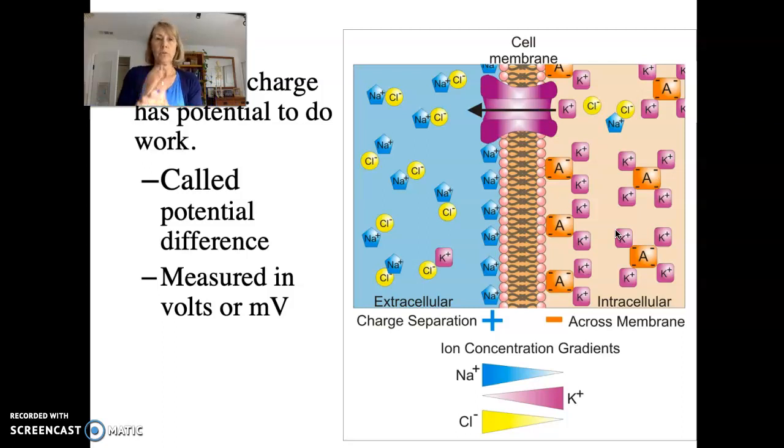If you build a dam for water and you have all this water piling up, there's going to be a lot of force there, right? If you make an opening, it's going to come out with a lot of force. So we're separating this charge, and it's going to have potential to do work. So it's called a potential difference, right? No water on one side, yes, a lot on the other. There's a lot of force on one side. And that's measured in volts, millivolts.